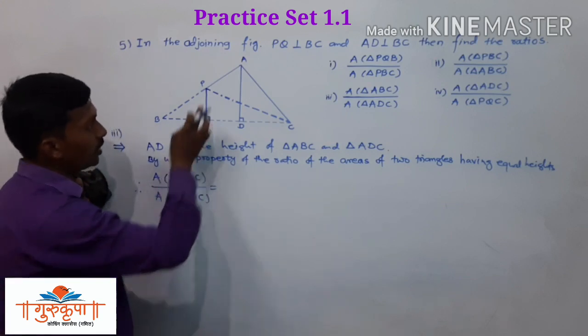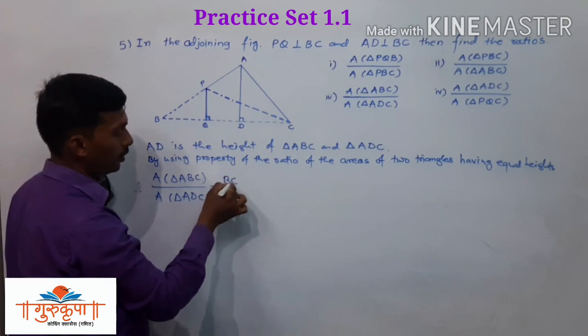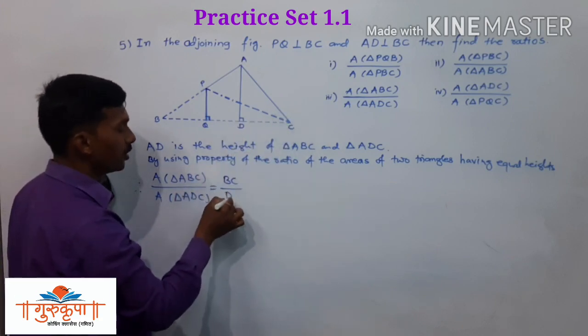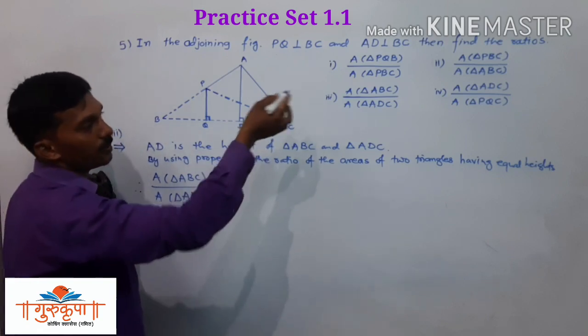Base of triangle ABC, that is BC, upon base of triangle ADC, that is DC. So this is the third ratio which we have to find.